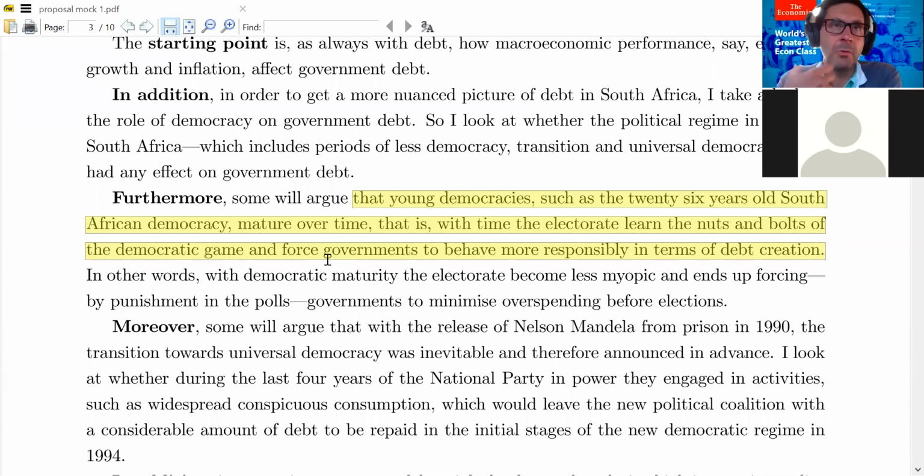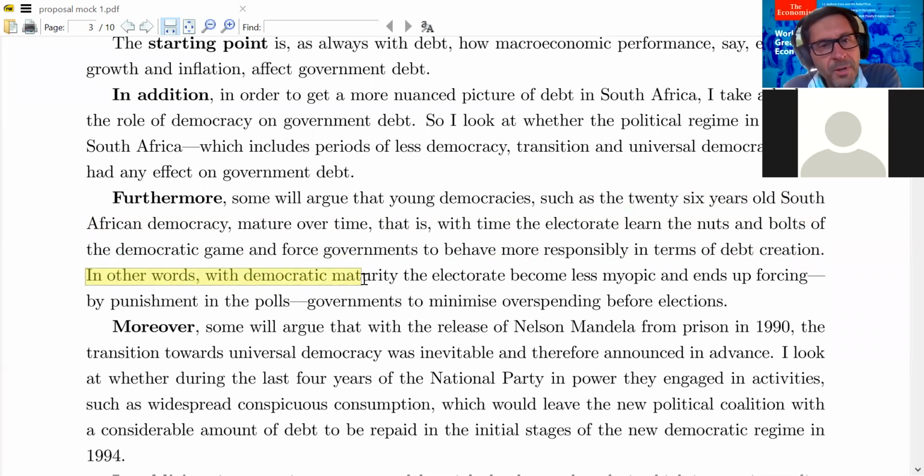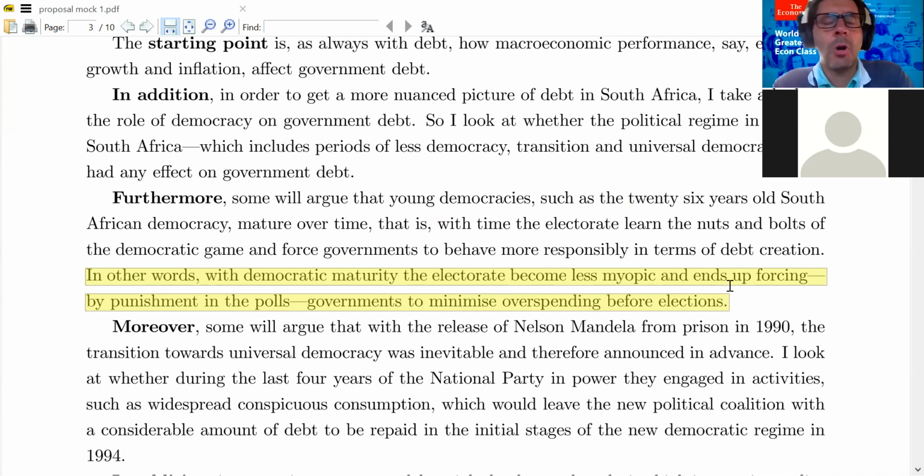There is very little experience with democracy in South Africa, right? It's a young democracy. In other words, with democratic maturity, the electorate become less myopic and end up forcing, by punishment in the polls, governments to minimize overspending before elections. So it's quite common in democracies, right?